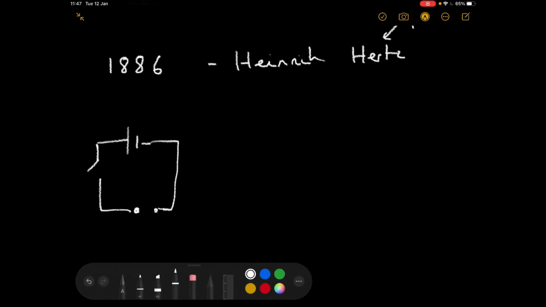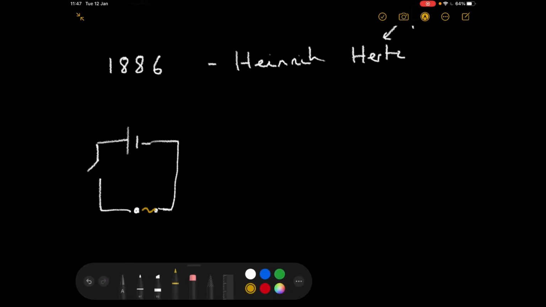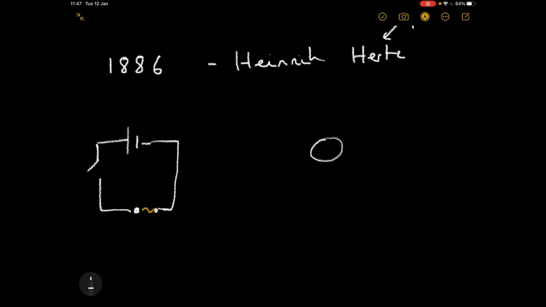And so he built this thing. It's more complex than this to look at, but this will do. You close the switch and you get a little spark that jumps across the gap, a little lightning bolt. Then he set up a receiver, which was literally the same object with the same gap.